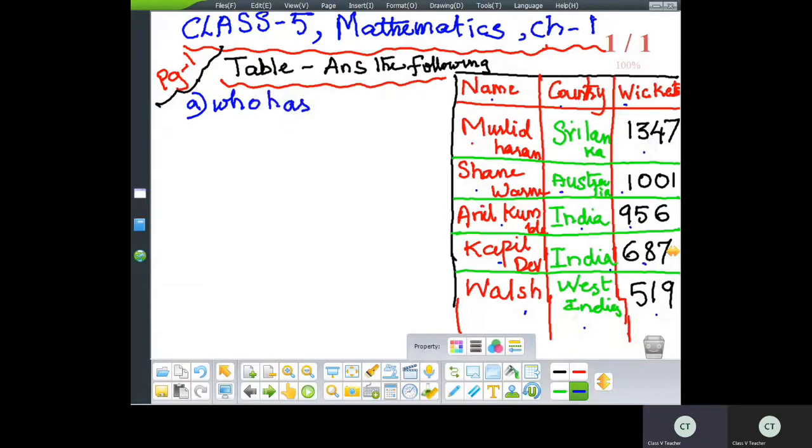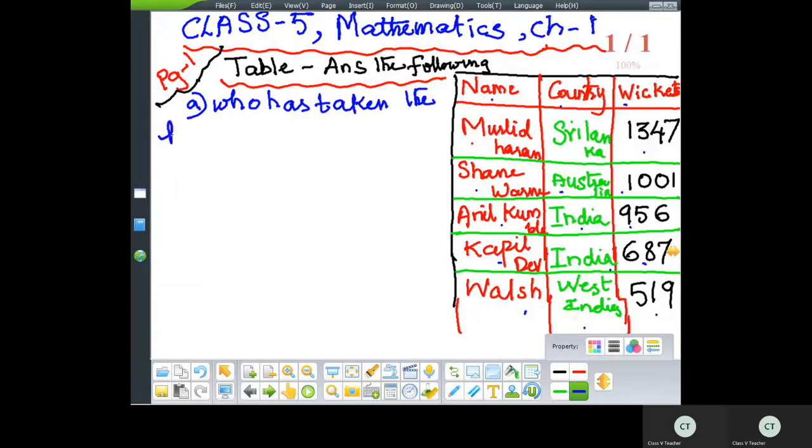Who has taken the highest number of wickets from the table? So firstly, let me write down the wickets here, children.